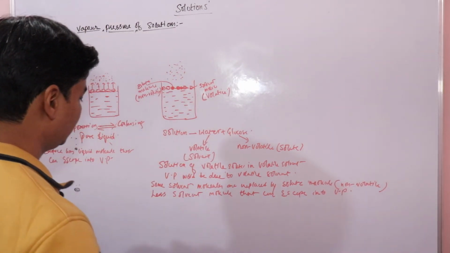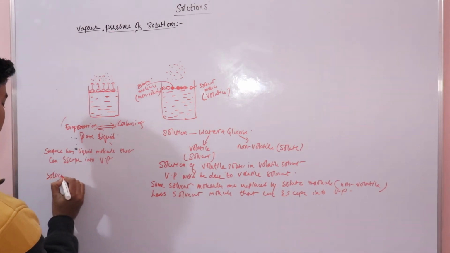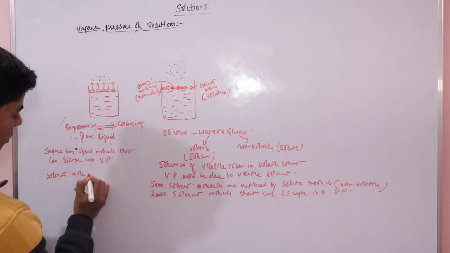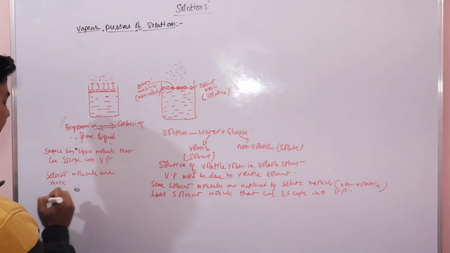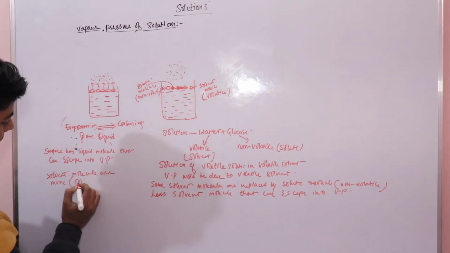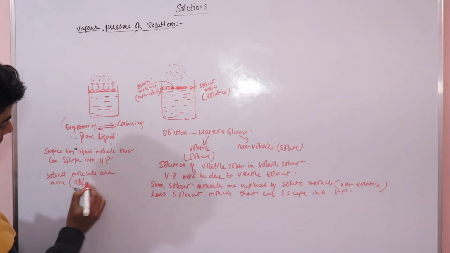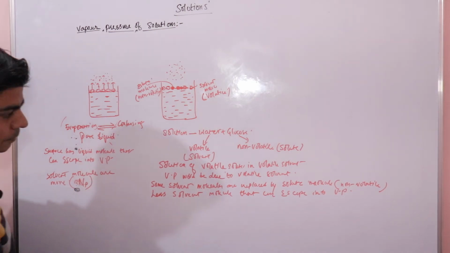So here solvent molecules are more. Let's denote this number of solvent molecules as NP, number of solvent molecules in case of pure liquid.